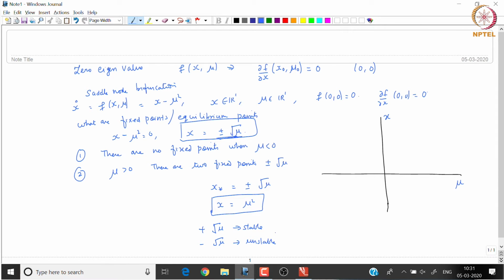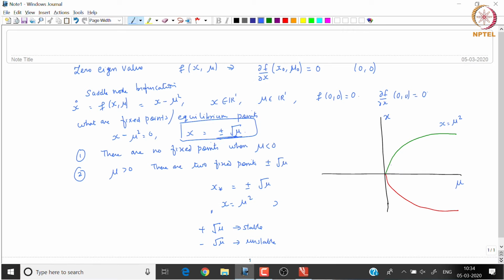So if I were to say, okay, let's give me a green color for the stable regions, this would be the stable region, this is the unstable region, and everything is characterized by mu is x square.